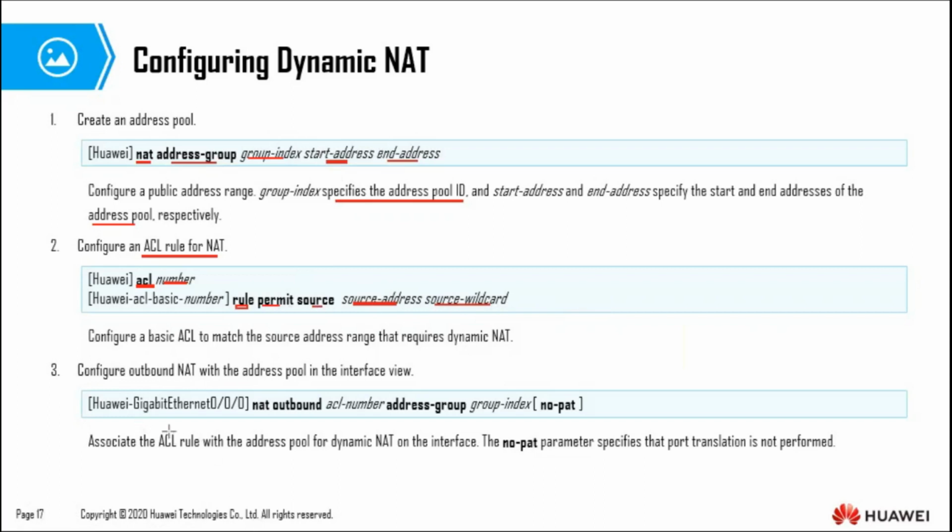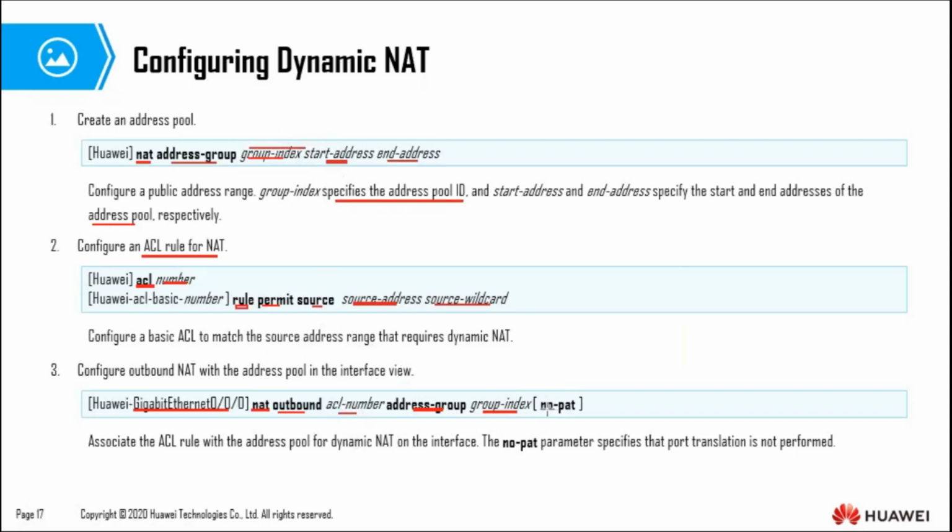So after you've done that, you now need to go to the interface view, for example, GigabitEthernet 0/0/0, and use the command nat outbound 2000 address-group. Then you use the index, the group index that you created here, the number.